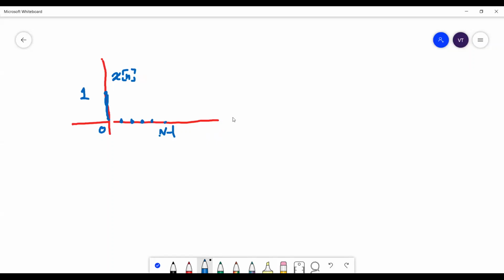I need you to compute what X of k is. So we'll start with a very simple question. What is the DFT of this sequence? So x of n is this sequence. What we have written here is x of n is equal to 1, 0, 0, 0.